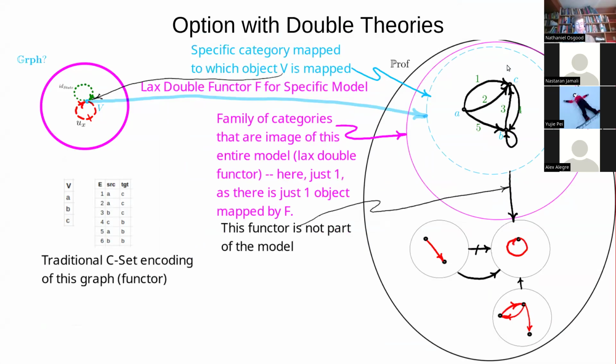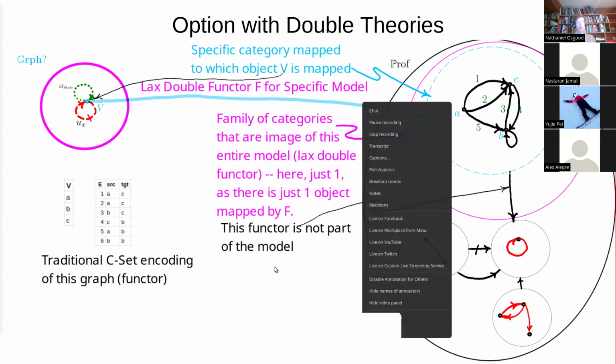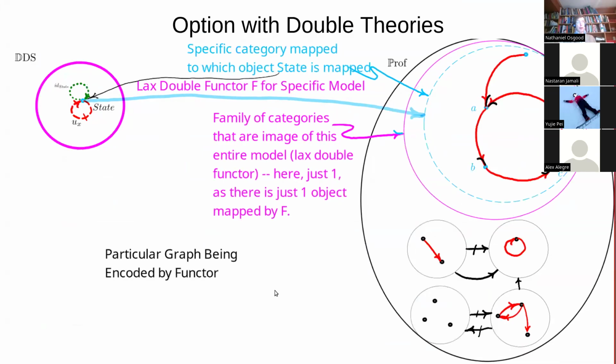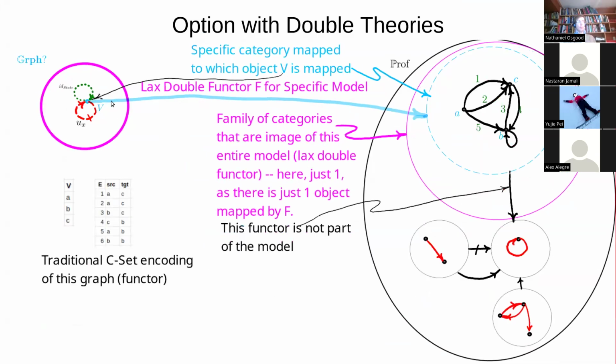So you may recall that at the very highest level, when we have a double theory, this serves the role analogous to a schema for our C-sets.